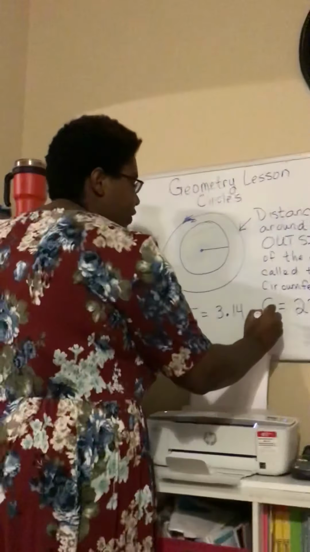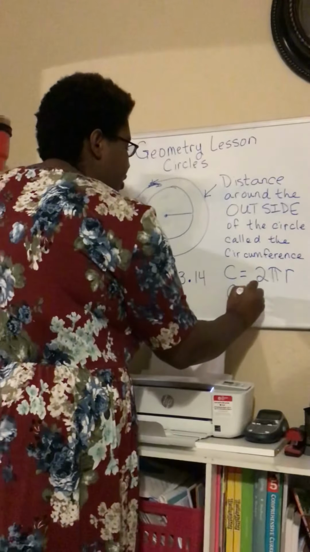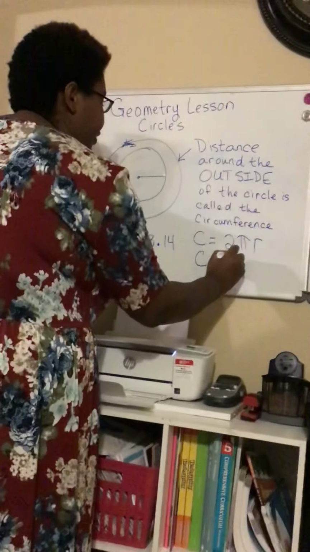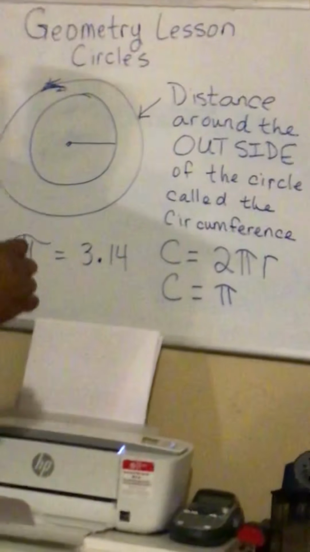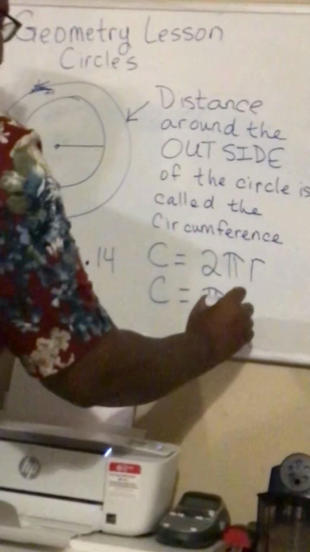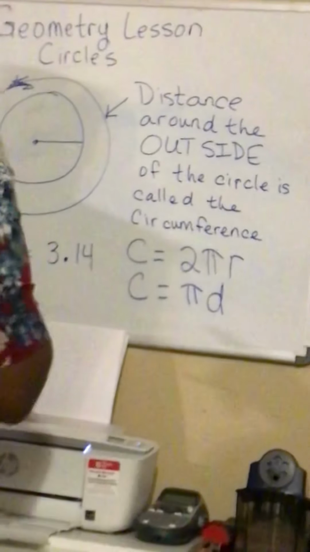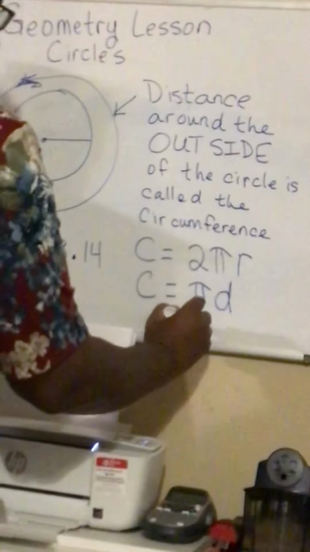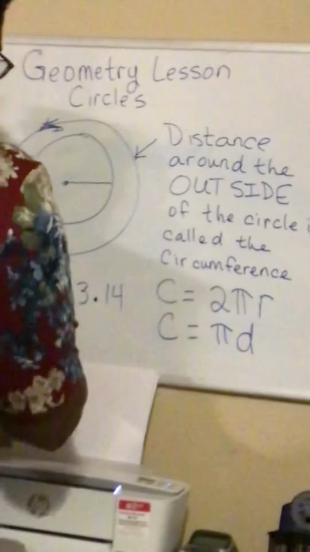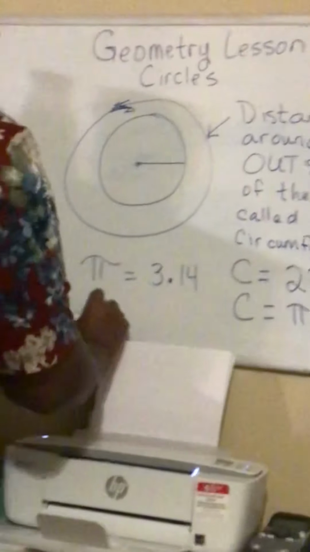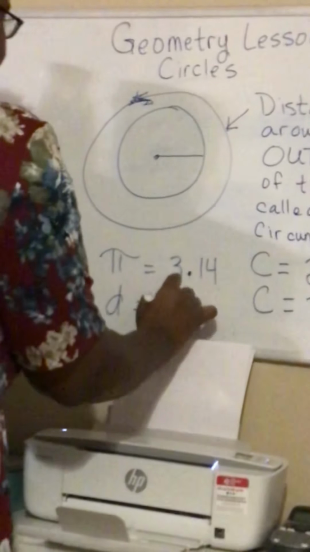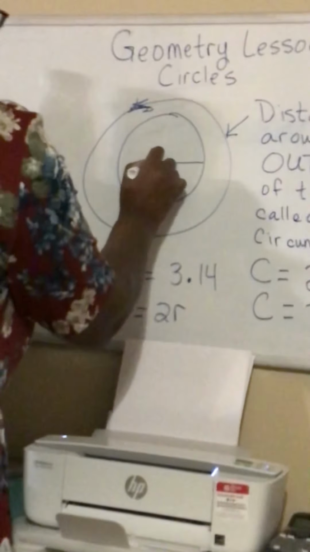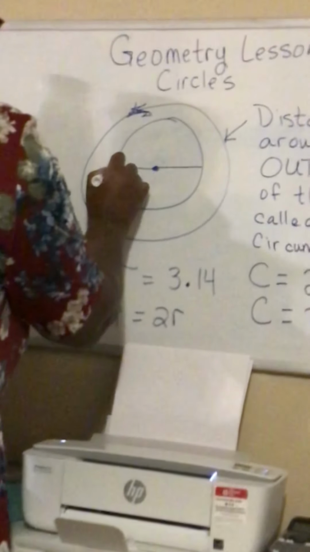Or we say pi, for some reason we always write pi first, times the diameter. The reason this works is, if we remember from earlier, the diameter is equal to 2 times the radius. We need 2 radiuses to make one whole diameter.